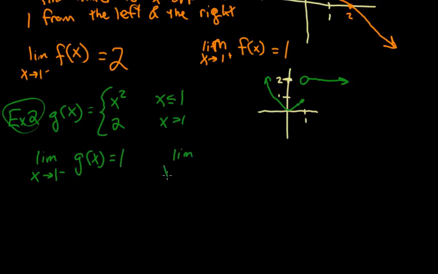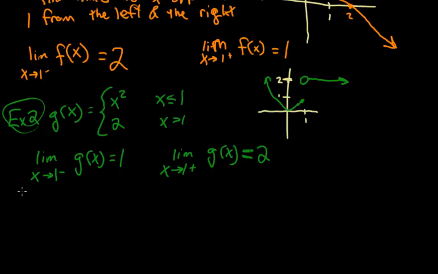And the limit as x approaches 1 from the right, so we would start here and get closer and closer to 1 from the right, which gets us closer and closer to y equals 2. So g of x equals 2. Notice it's actually 2 all the way. That doesn't matter, and it just leaves our limit the same there.